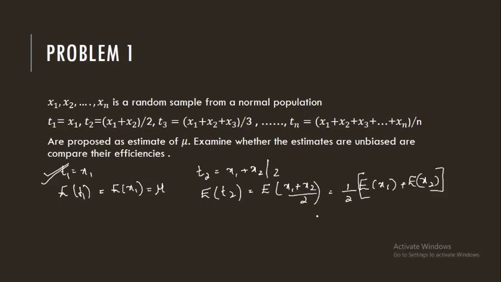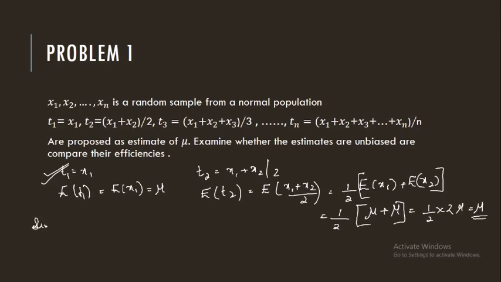Again, it is proposed as the estimate of mu, so 1 by 2 into mu plus mu, which is 1 by 2 multiplied by 2 mu, equal to mu. So T2 is also an unbiased estimate of the population parameter.